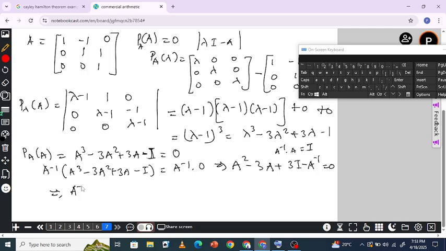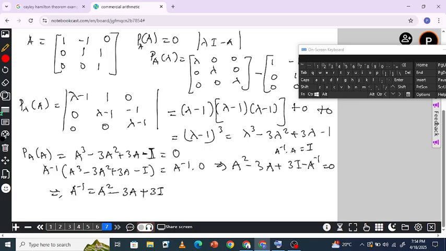We will have A inverse is equal to A squared minus 3A plus 3I, because A inverse will go to the other side, it will become positive, the others will become negative, and when we multiply by the negative, we go back to A squared minus 3A plus 3I.